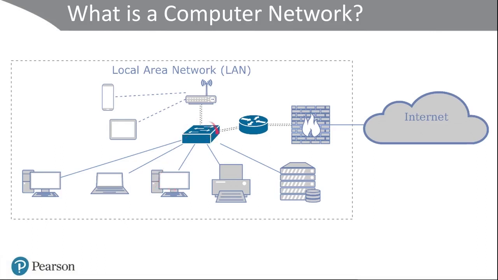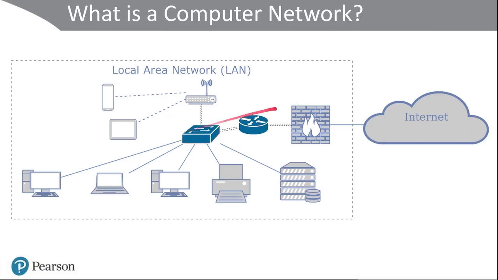In the center of this local area network, we have a switch. This connects everything together in a wired fashion. It is connecting a PC, a laptop, another PC, a printer, some servers, and here we have a wireless access point, and then that allows for access from wireless systems like mobile devices and other laptops.